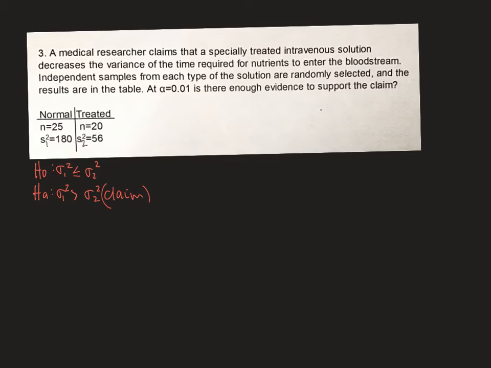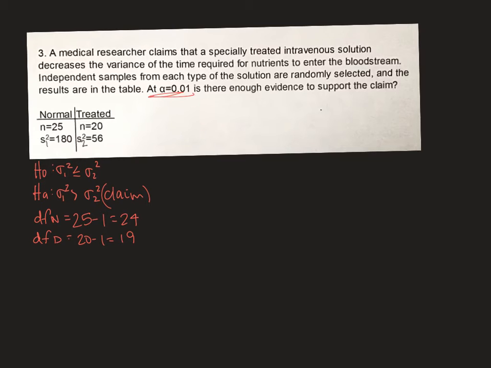So when we find our degrees of freedom, the degree of freedom for the numerator is going to be 25 minus 1, or 24. Degree of freedom for the denominator, 20 minus 1, which is 19. We have a one-tailed test at alpha equals 0.01.